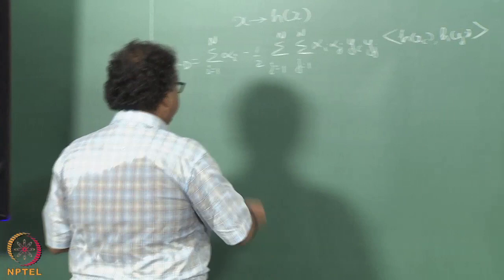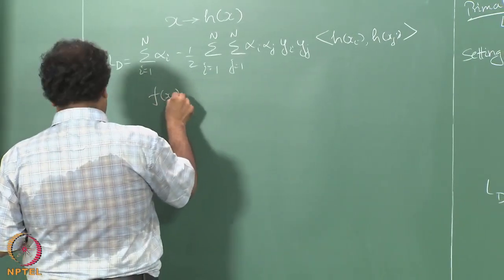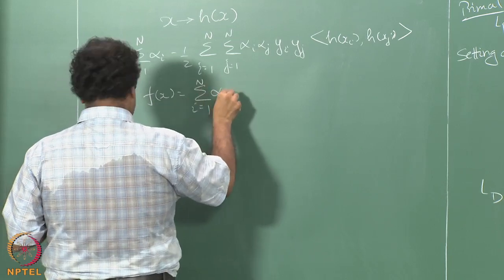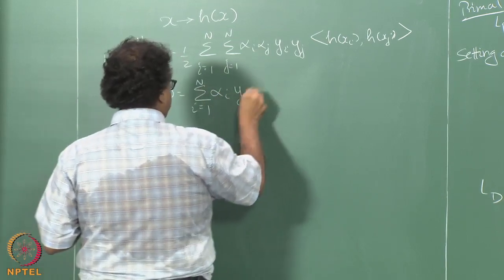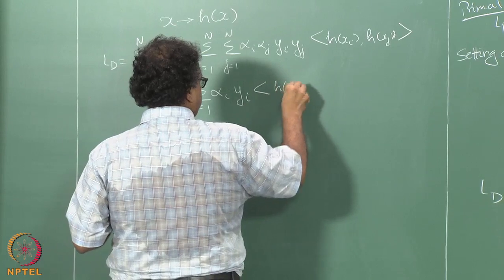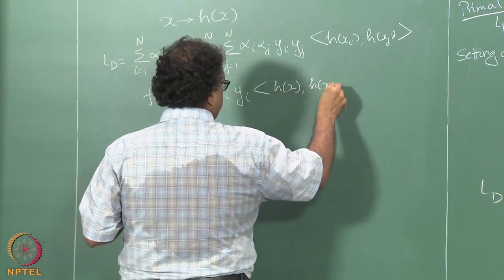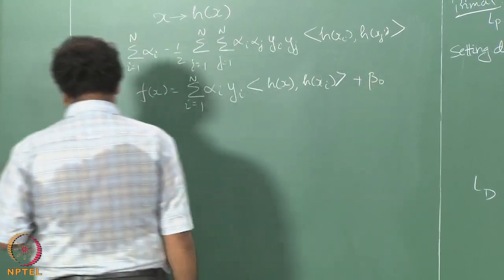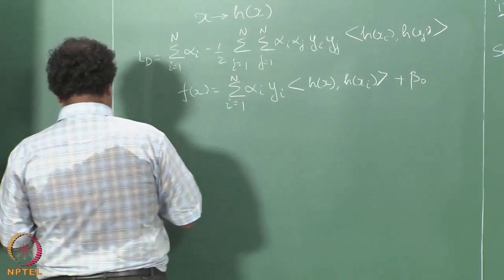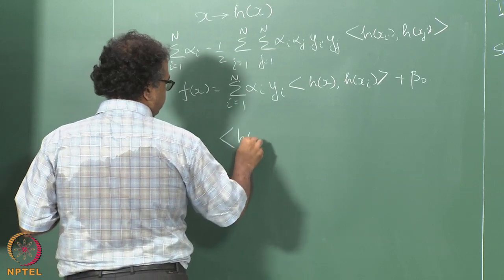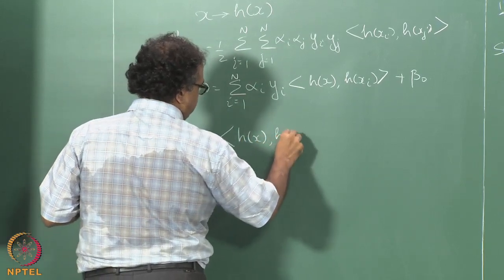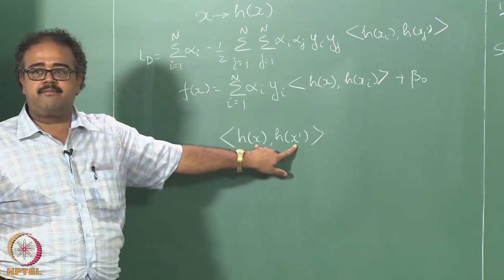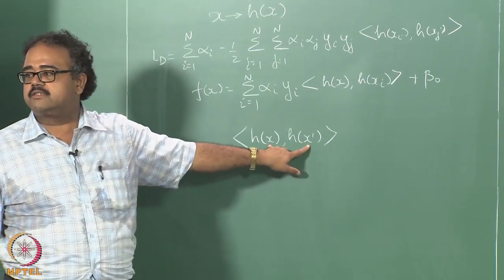And likewise our f of x is going to be... so essentially what I need to know is h of x for whatever pair x and x prime that I would like to consider.